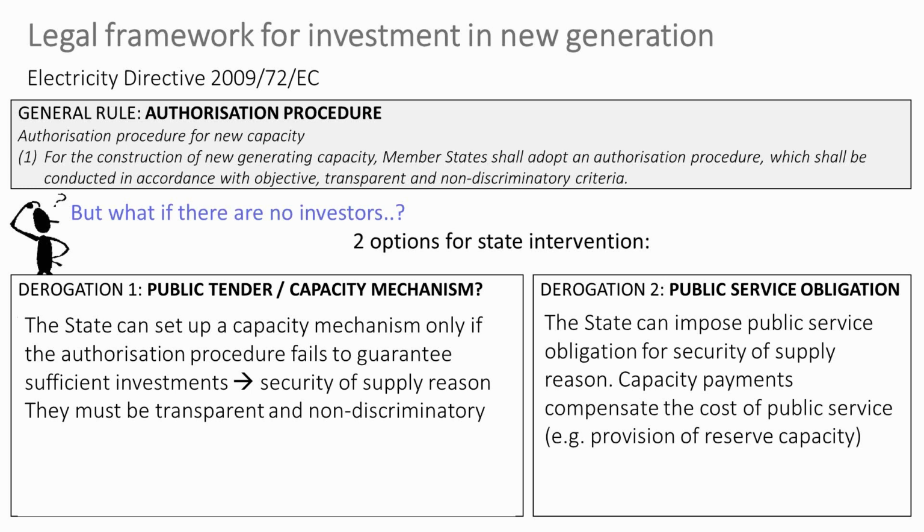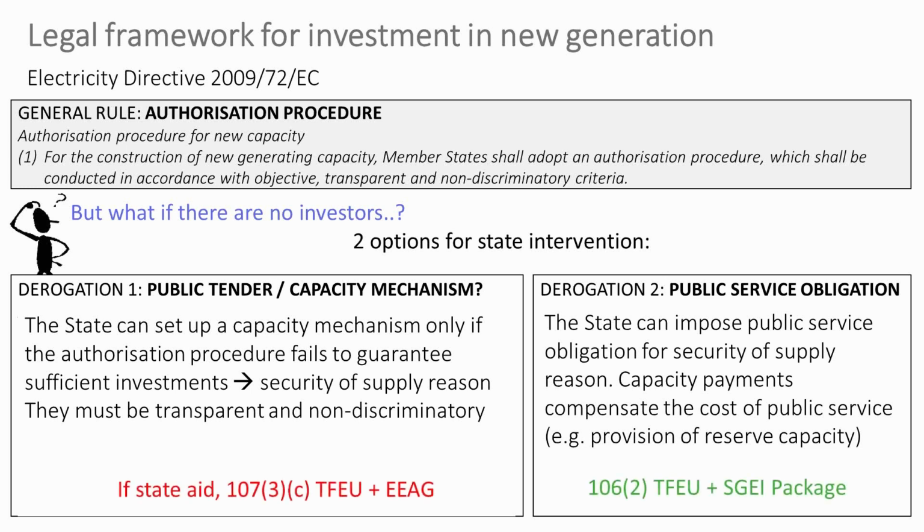The possibility is important because once something is classified as a public service obligation, the compensation for the service might more easily escape the state aid box, as we will see in the next slide. Then, in that case, the Commission's control over financing this service is much more limited.